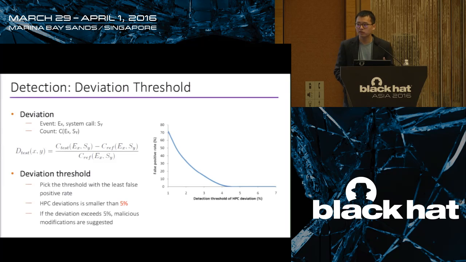Basically that means that when there's no malware, you will classify all the event and syscall pairs correctly. What that also means is that if you are executing the test program and you find that the deviation reaches more than 5%, there may be some modification happening in your kernel.